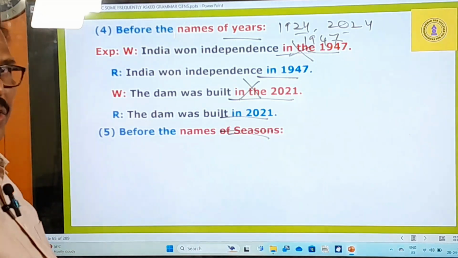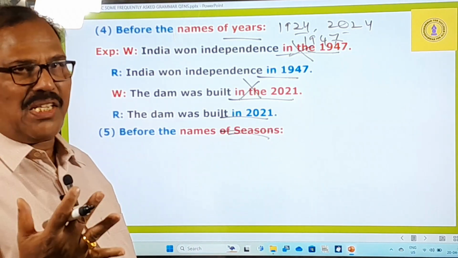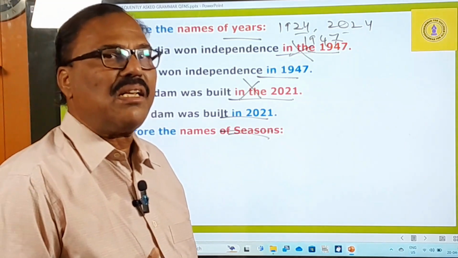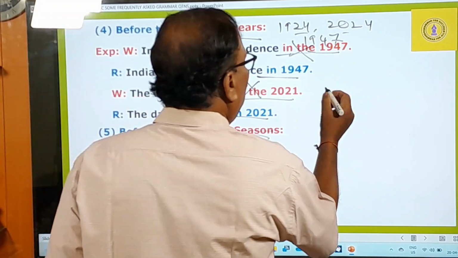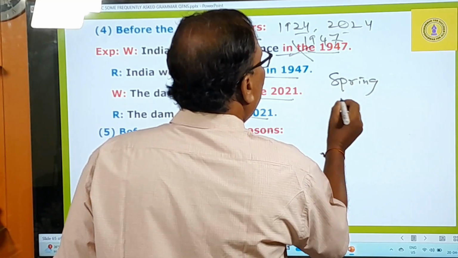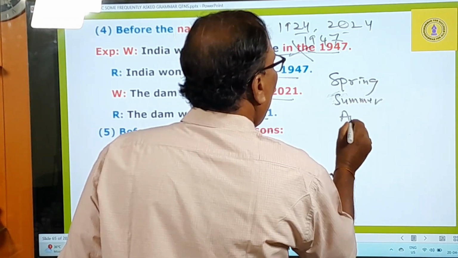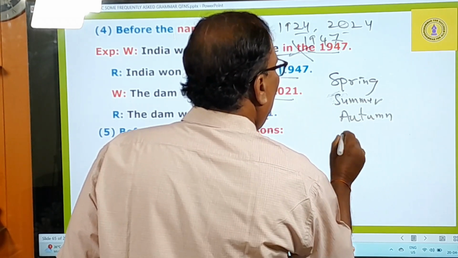So it's a very important one. According to the English calendar, there are only 4 seasons, and each season lasts for 3 months. Here we have spring, then after spring, summer comes, then autumn, and winter.